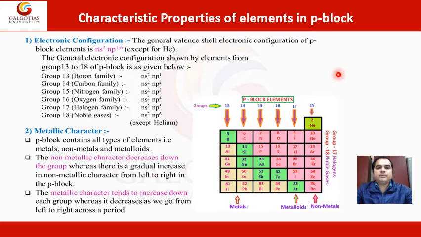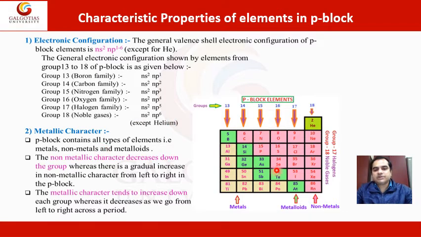Now let us discuss some important properties of p block elements, like electronic configuration and metallic character. What are the trends we are finding? In the case of electronic configuration, in groups 13 to 18 the configuration is ns2 np1 to ns2 np6, as we discussed in the earlier slide, except helium.